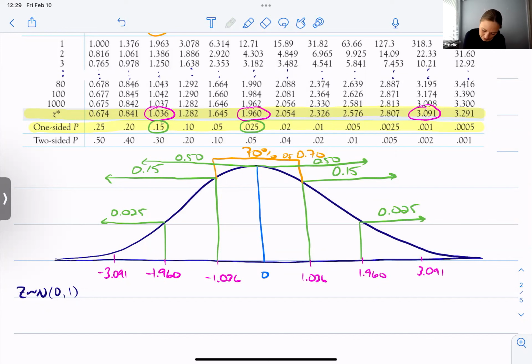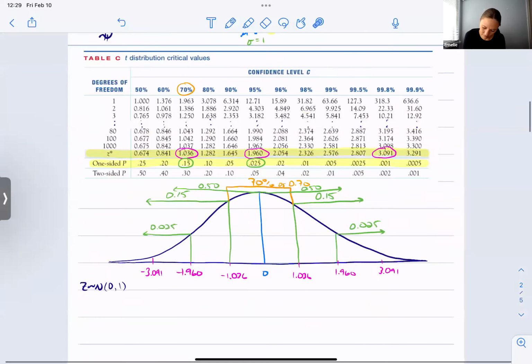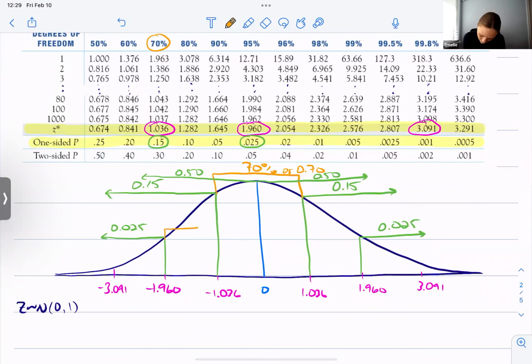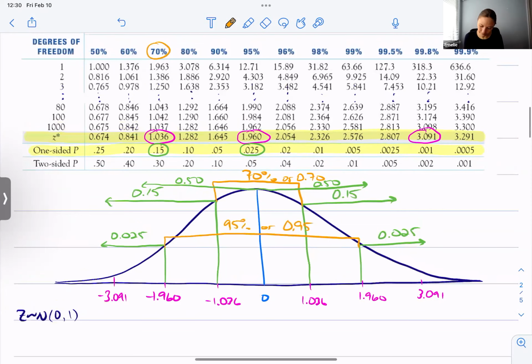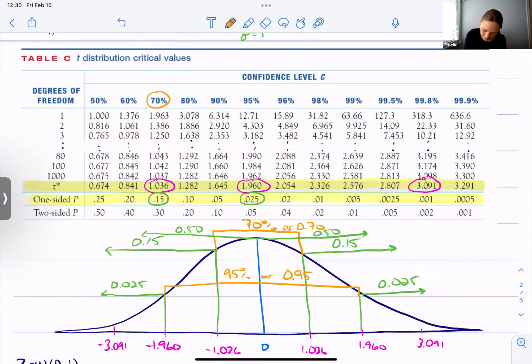If we had to figure out what proportion is within 2 standard deviations of the mean, then we have 0.025 and 0.025, so 0.05 or 5% are already taken up, and the remainder here would be 95% or 0.95, which is exactly what it says up here.